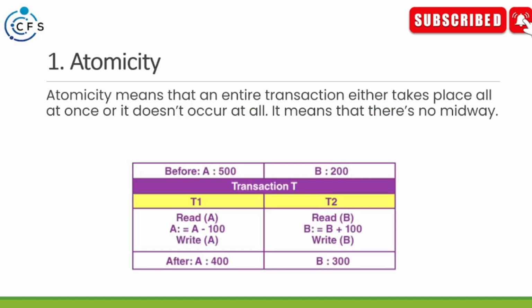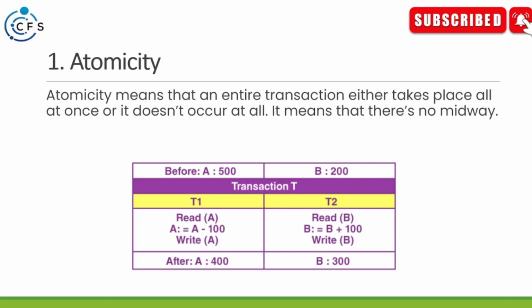Now let's go and see atomicity. As I said in the first slide, atomicity means that an entire transaction either takes place all at once or does not occur at all. It means there is no midway, and that is called atomicity.